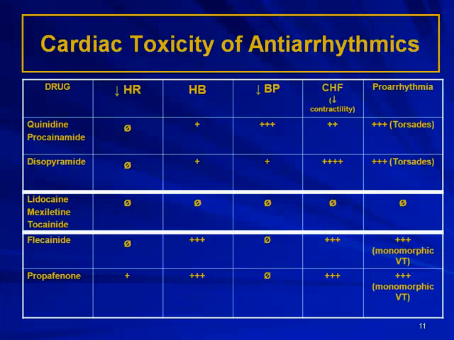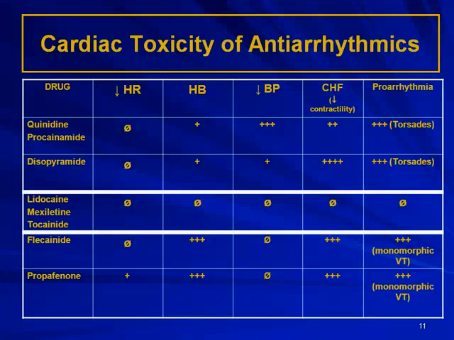The interesting thing about the class 1B drugs, lidocaine, mexiletine, tocainide, is that they had really no important cardiac toxicity unless you gave very high doses. There was a case report in the literature of a patient that received a toxic dose of lidocaine that developed a Mobitz type 2 heart block and required temporary pacing. But that was an extreme situation.